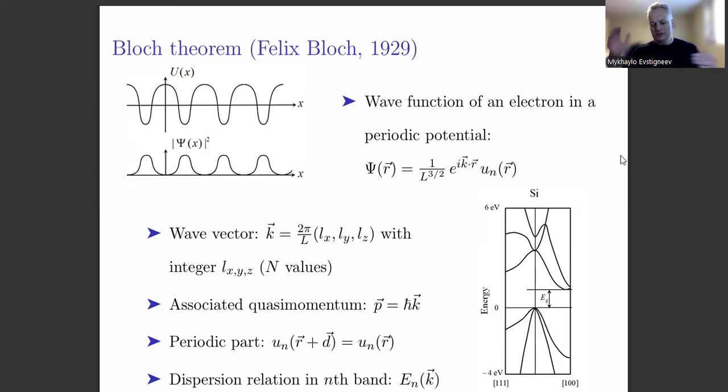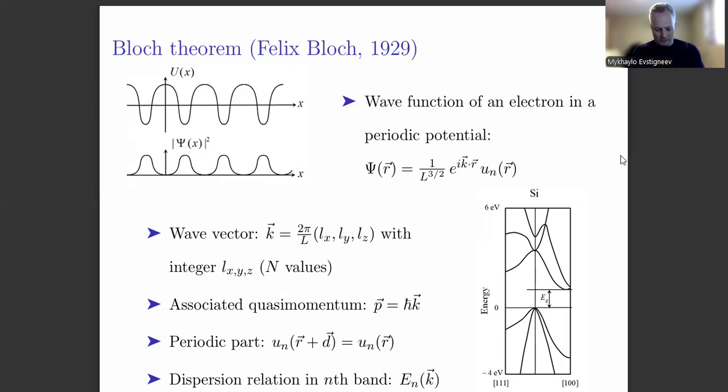Imagine the crystal to be an L by L by L cube, with periodic boundary conditions. You take the same cube and make copies everywhere, filling the whole space with those L by L by L copies of the crystal, like filling the whole universe with copies of this crystal.